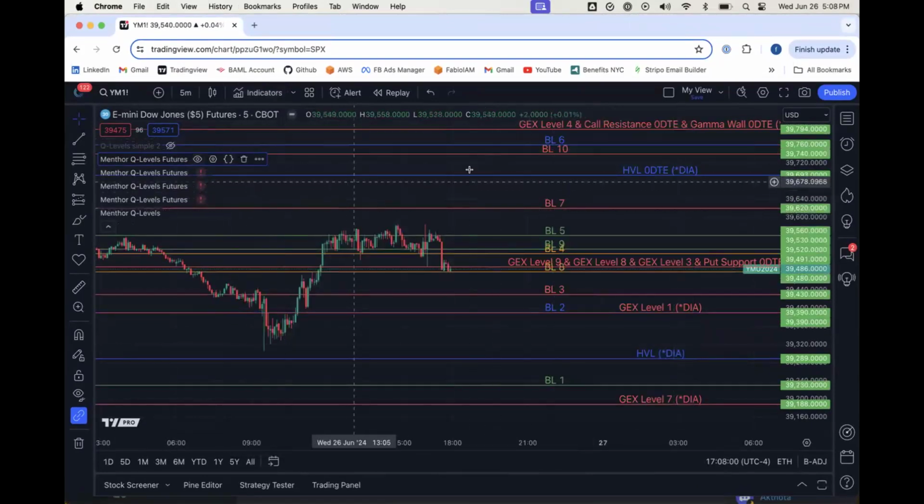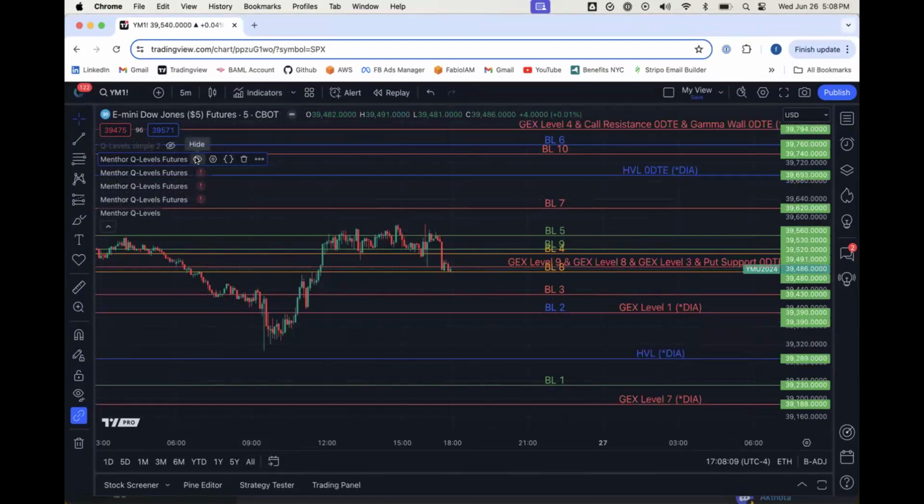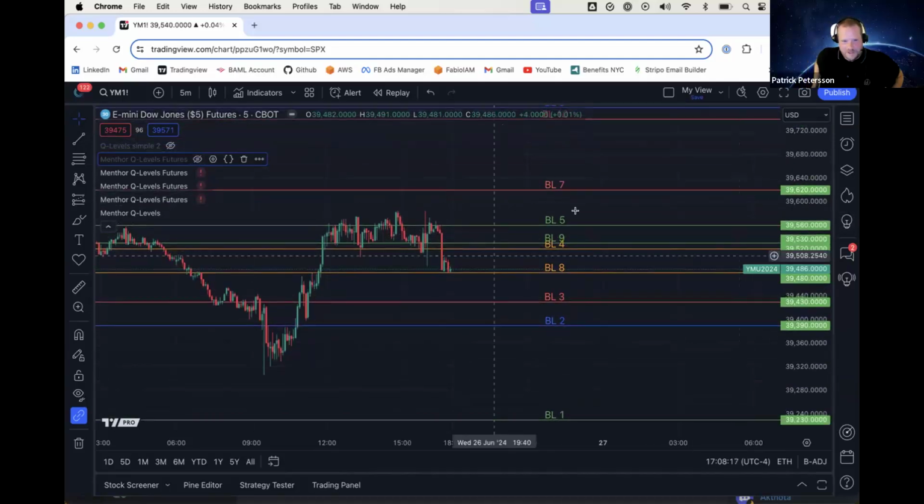And now you have the blind spots on YM. So you could either have the conversion, you could also have only the blind spots. So really very flexible in that case. So everything is covered for you. Now you can trade.